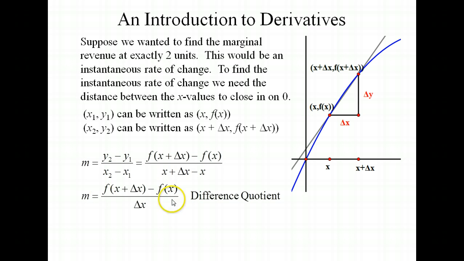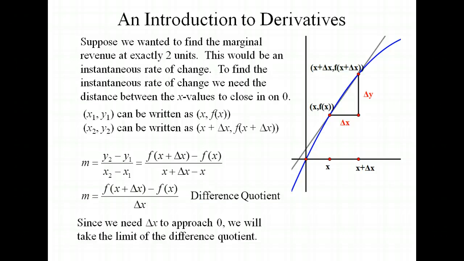So we simplified down to this formula. And this formula is really a slope formula, but we call it the difference quotient. Now since we need the delta x to approach 0, we're going to take the limit of that difference quotient as delta x goes to 0. And that's going to give us a formula to find the slope of the tangent line.